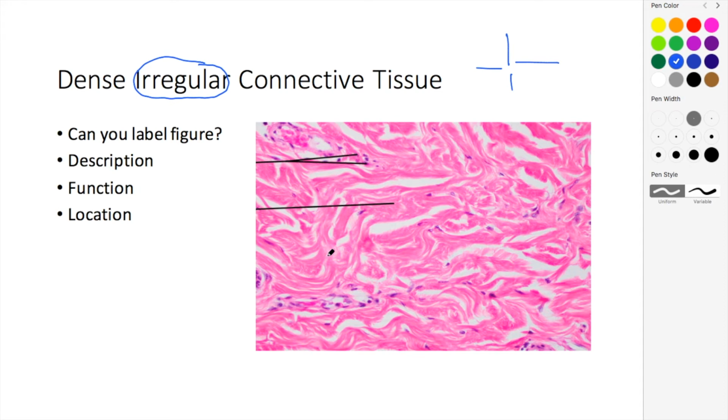If you see something like this, that is irregular. And these small patches that we mentioned in the regular connective tissue, what are these? These are the fibroblasts. And what are these fibers? Again, these fibers are collagen fibers. The only difference is they are running in all directions. These are not parallel. And these are more widely distributed throughout the body.